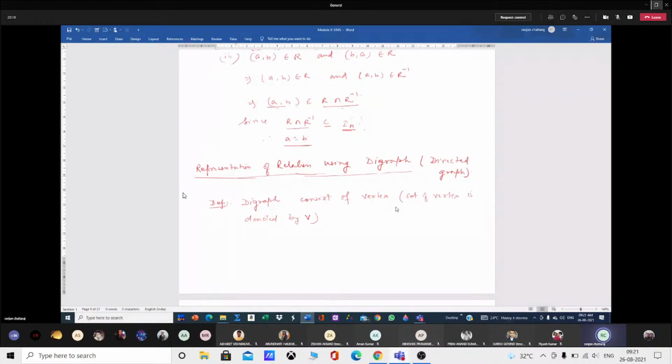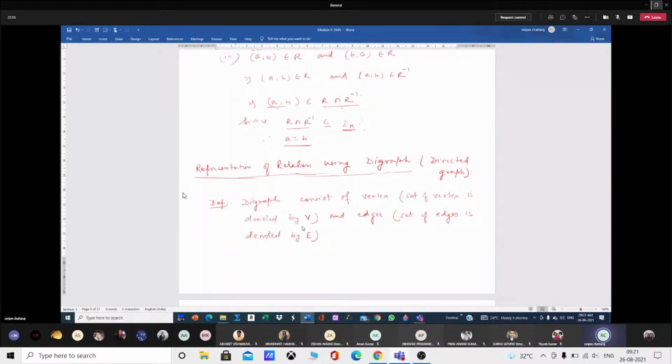The diagram consists of vertices and edges, and the set of edges is denoted by E. So what are the edges? The edges are ordered pairs of vertices.